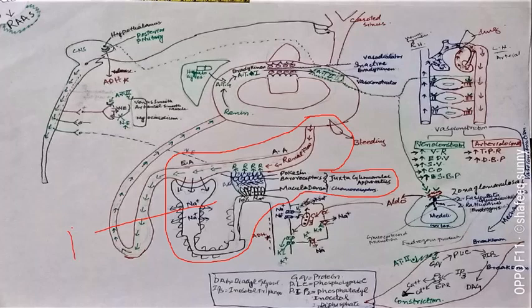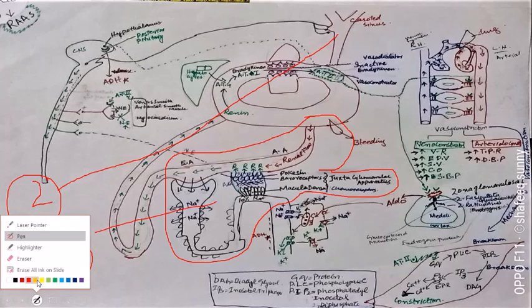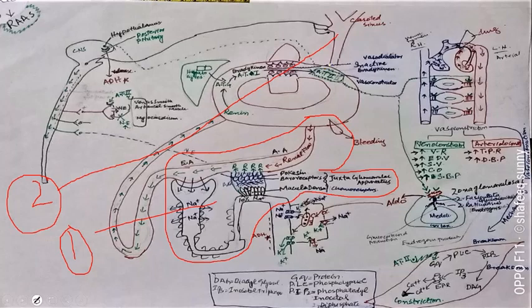Number one is the intrarenal and number two is the extrarenal. Here is the extrarenal. This yellow one is the extrarenal.